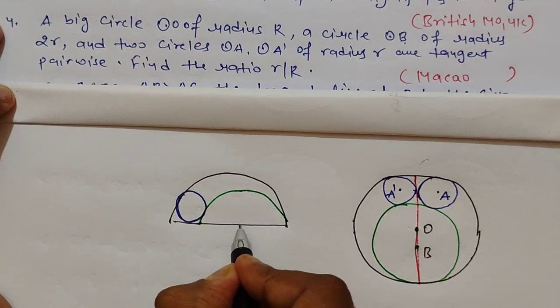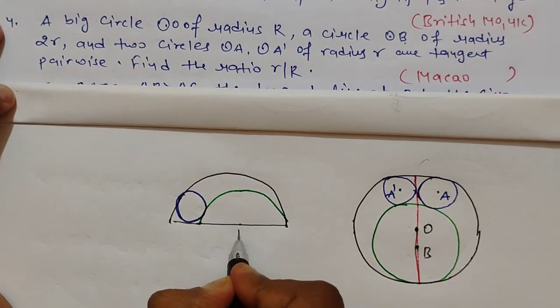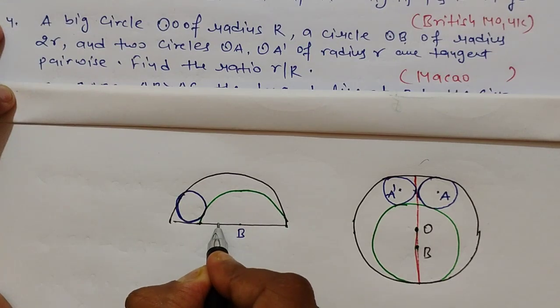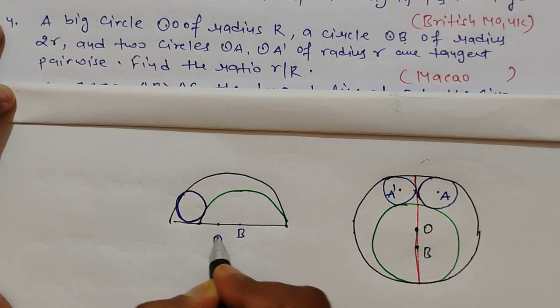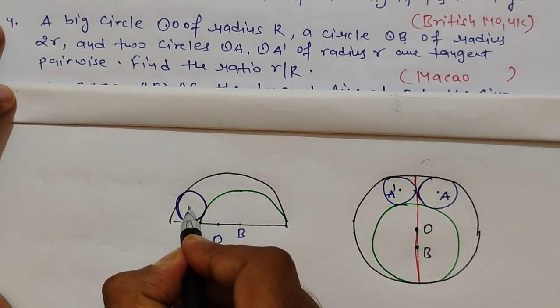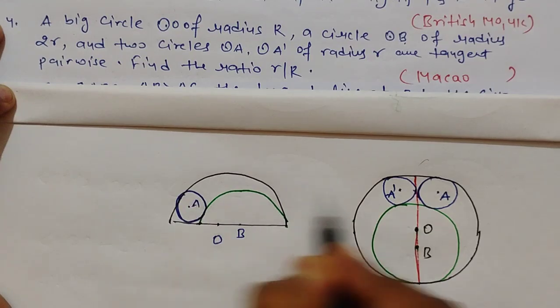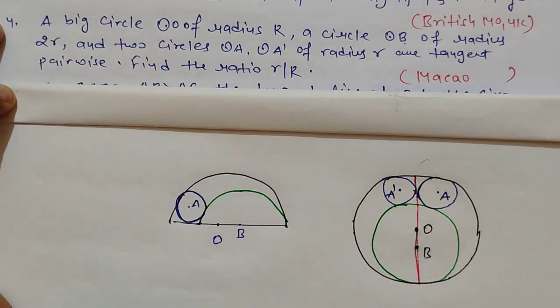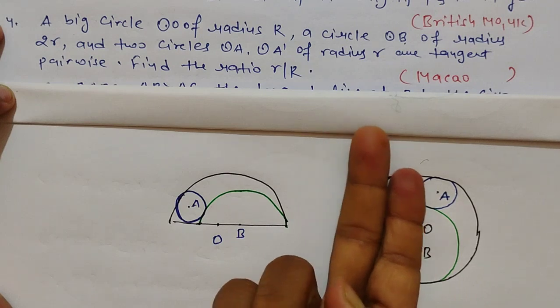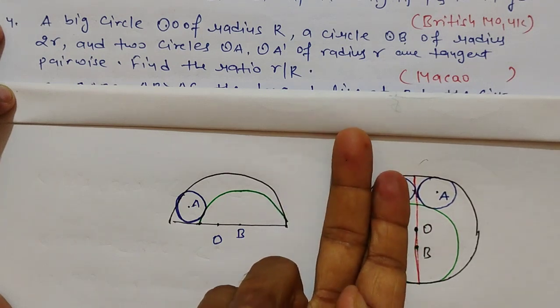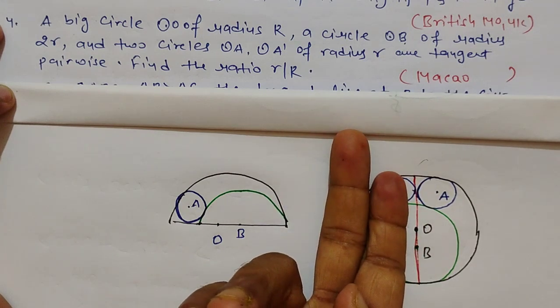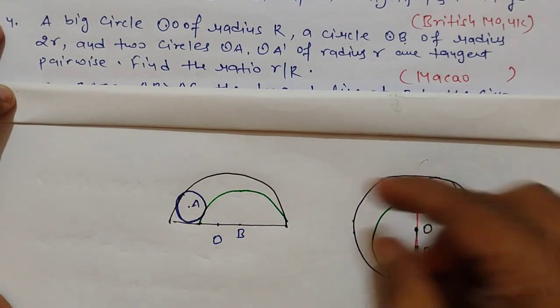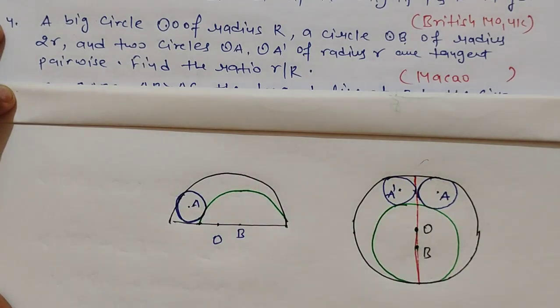So this is B, and this will be O, and this will be A. So you can simply understand, here we are just using the half part of the circle.